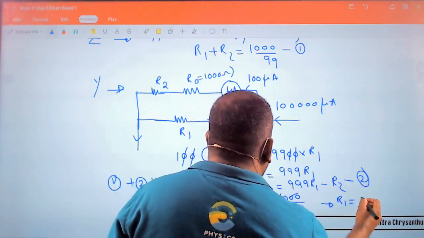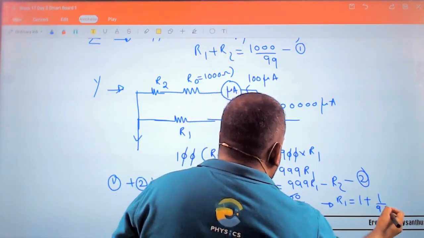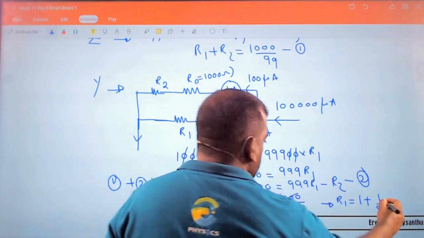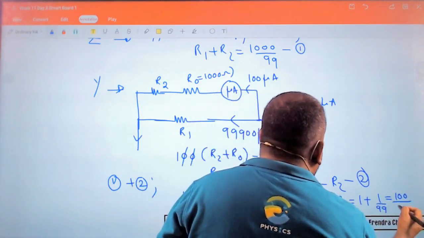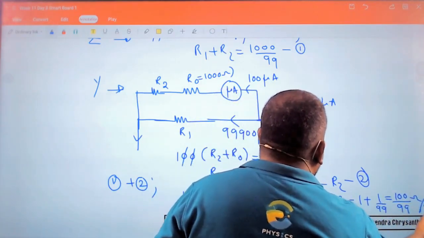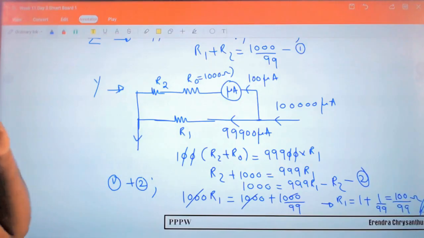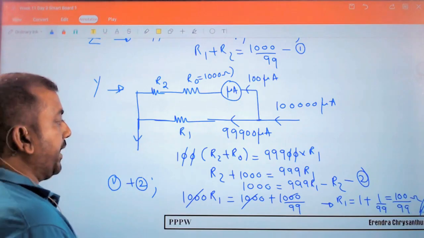R1 equals 1 plus 1 over 99, which is 100 divided by 99 ohm. R1 is 100 divided by 99 ohm. Then I can find R2.